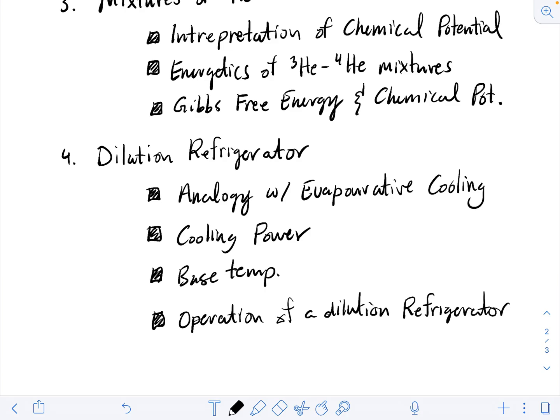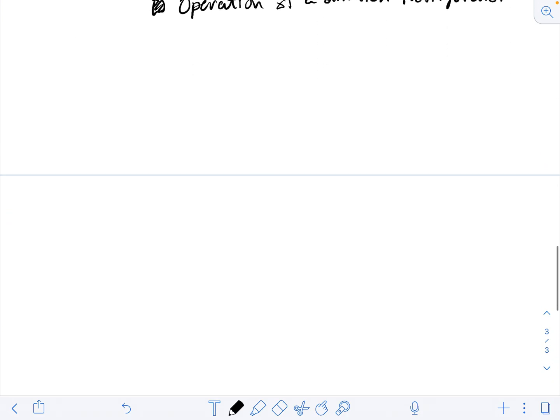So the first step on our roadmap is to start to talk about identical particles. For many of you, or for some of you at least, this may be a review, but that's okay.